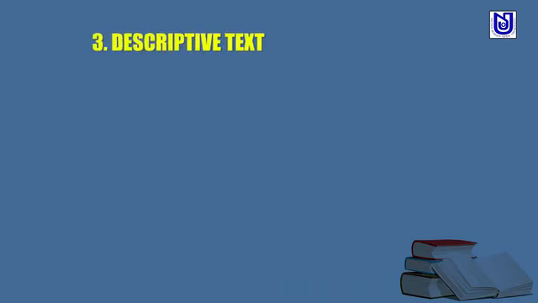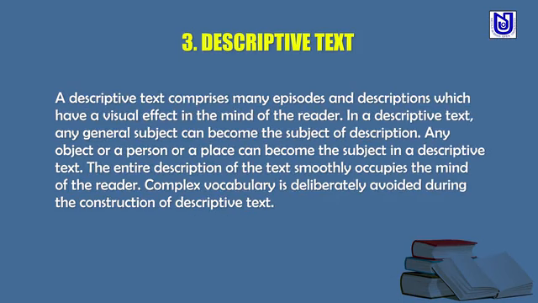Now I will discuss the third text of education, that is descriptive text. After hearing this name, you will make an assumption about what the text will be. Description means when we describe anything. A descriptive text comprises many episodes and descriptions which have a visual effect in the mind of the reader.